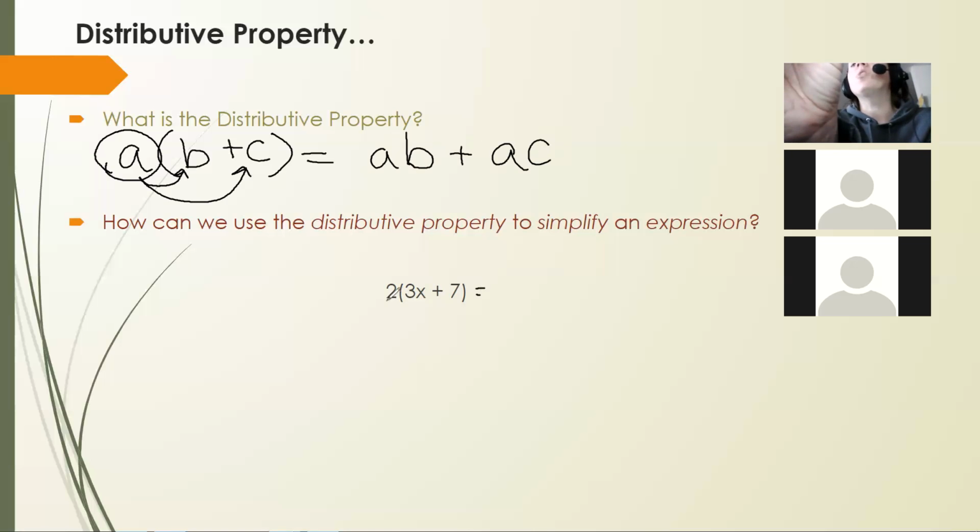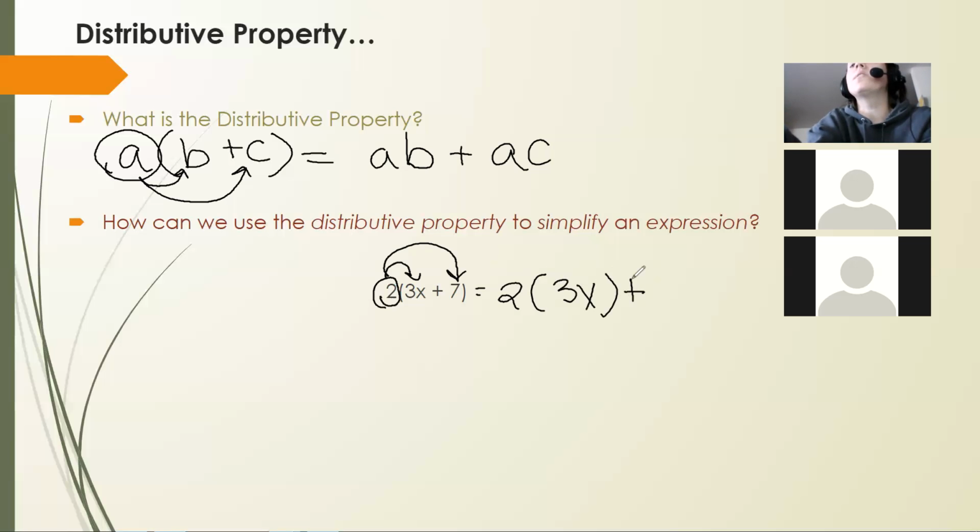So we have 2 on the outside of the parentheses, and 2 is going to share the candy. So we would go 2 times 3x plus 2 times 7. And then we definitely want to simplify that.